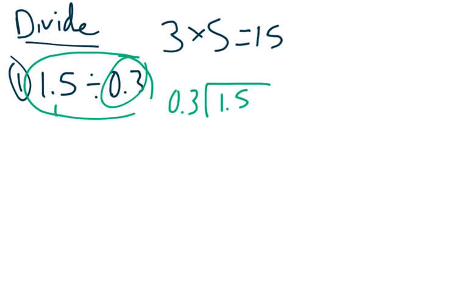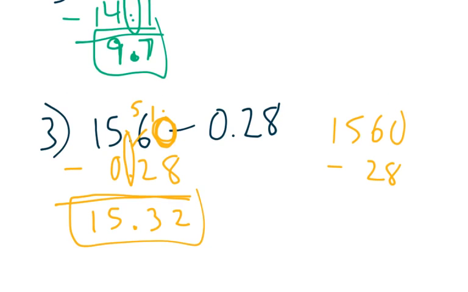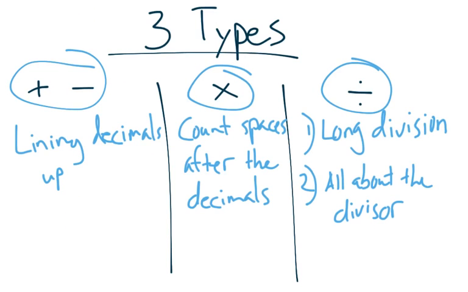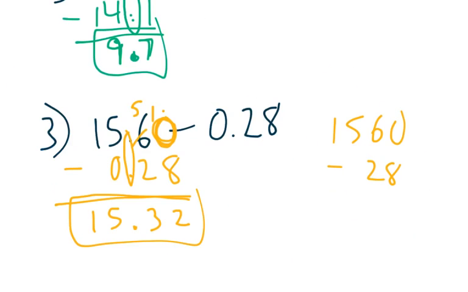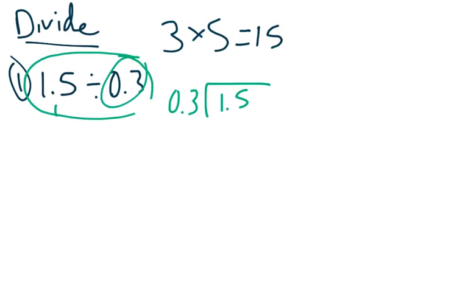Now, going back a couple of pages, I said for division, it's all about the divisor. The divisor is the number that's doing the dividing. In this case, it's 0.3. The rule is you have to make the divisor a whole number.